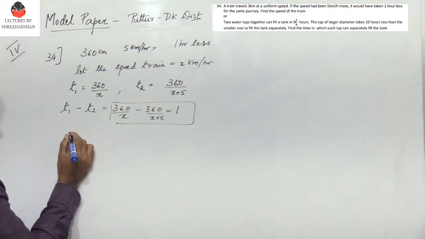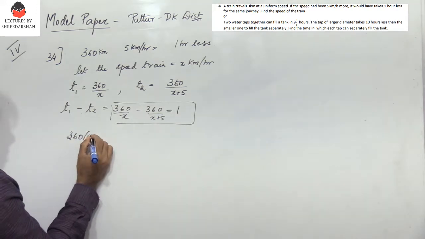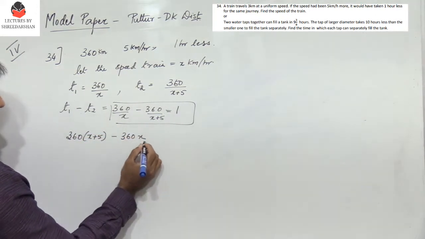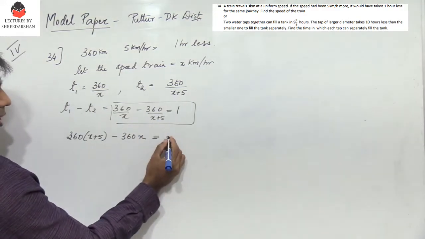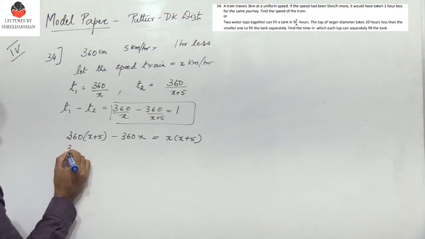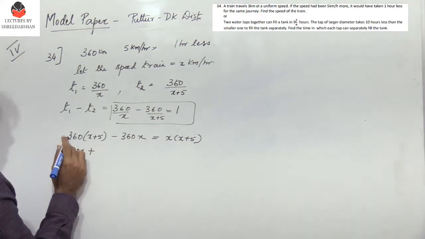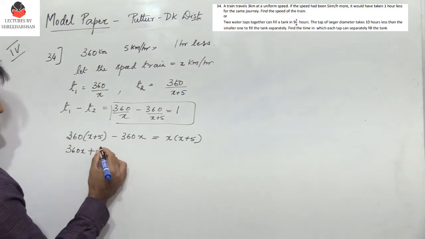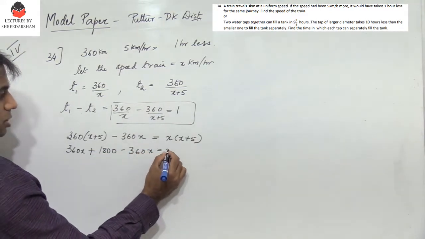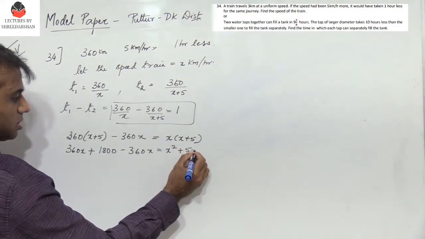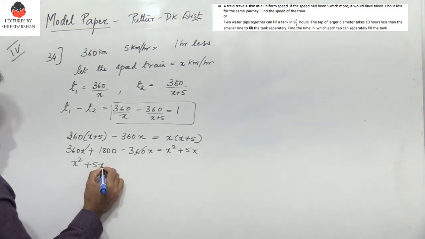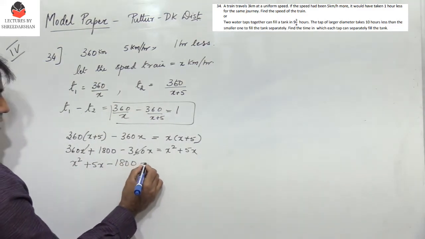Take the LCM: 360 into x plus 5 minus 360 into x equals x into x plus 5. So you get 360x plus 360 into 5, which is 1800, minus 360x equals x square plus 5x. These two get cancelled. So I have x square plus 5x minus 1800 equal to 0.